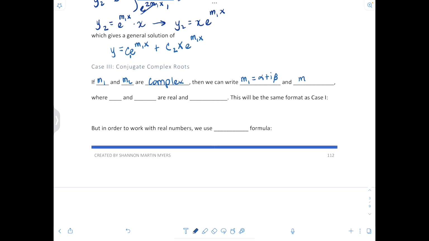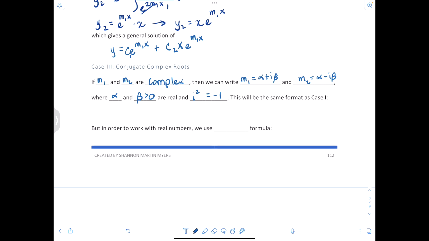And then the other one, because you have to have the conjugate, would be m2 is equal to alpha minus I times beta, where alpha and beta, which has to be greater than 0, are real, and I squared, of course, is -1.